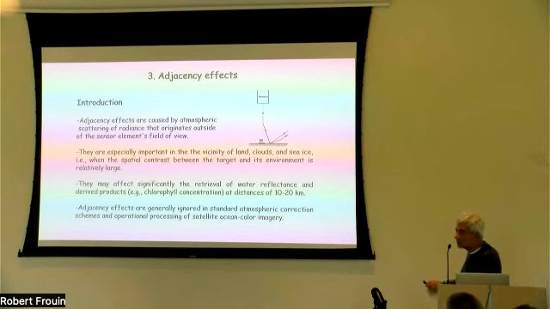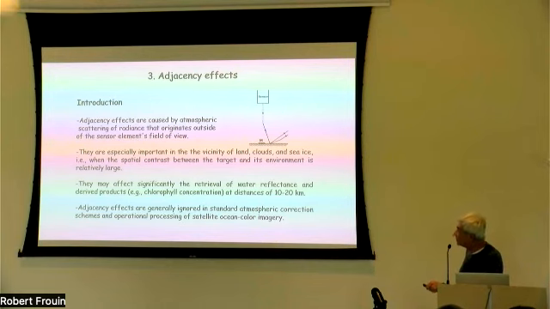So, for example, you can be in an African region, and I'm going to show an example later on, and you can have large changes of reflectances over a few kilometers, and this introduces an adjacency effect. And they may here affect the retrieval of the water reflectance over distances of 10 to 20 kilometers. So it's quite large.